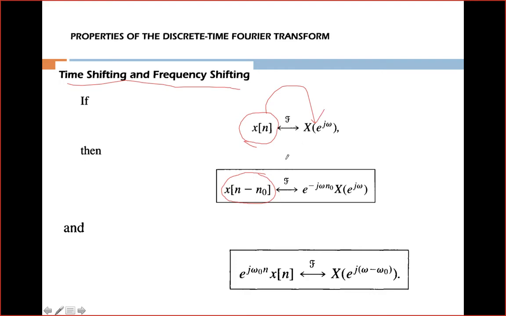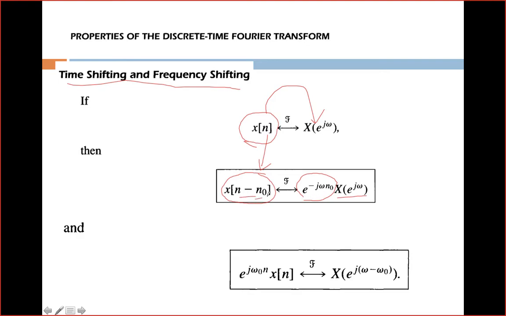Now we are going to introduce a shift or delay in the input signal by substituting n equal to n minus n naught. When I substitute n minus n naught, I will get e power minus j omega n naught into X of e power j omega. I'll prove this in the next slide. So this is the DTFT of x of n minus n naught.